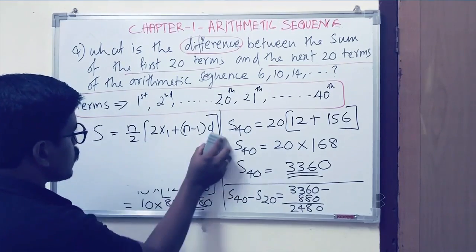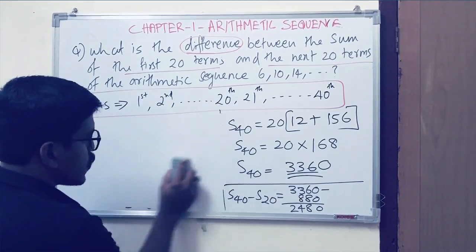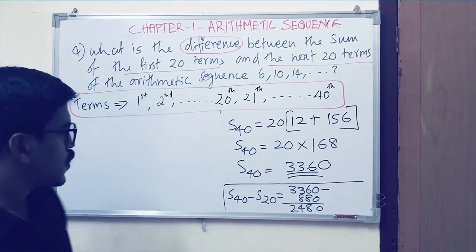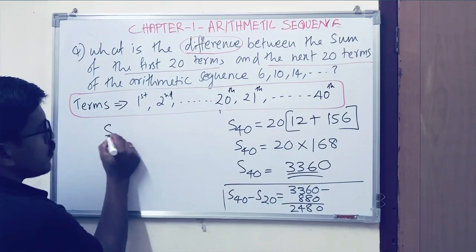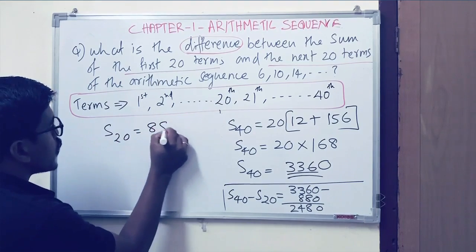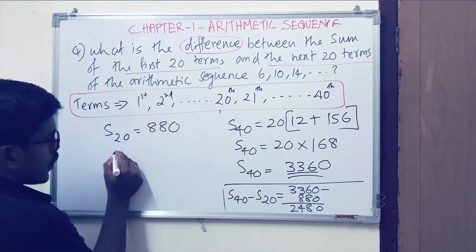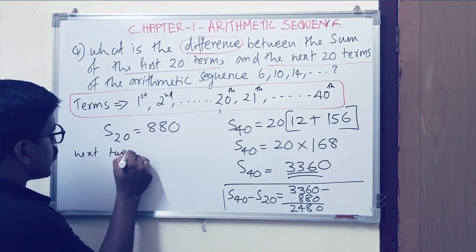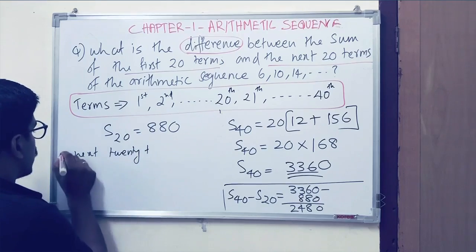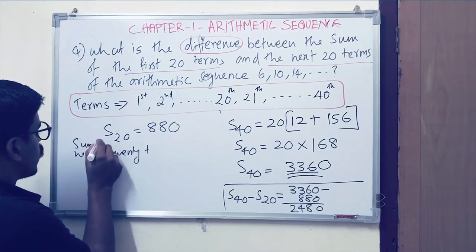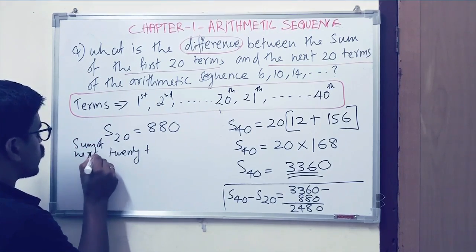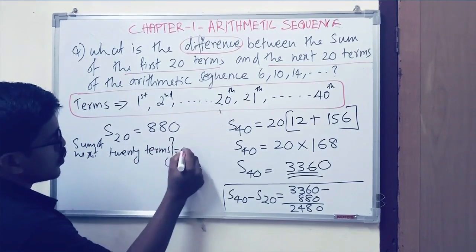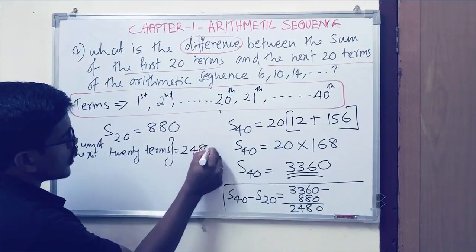Okay, we can take the difference. That is S20, we got it as 880, and the sum of the next 20 terms is equal to 2480.